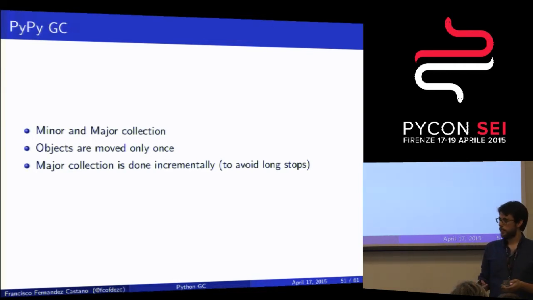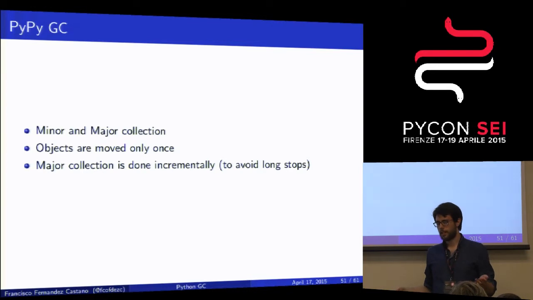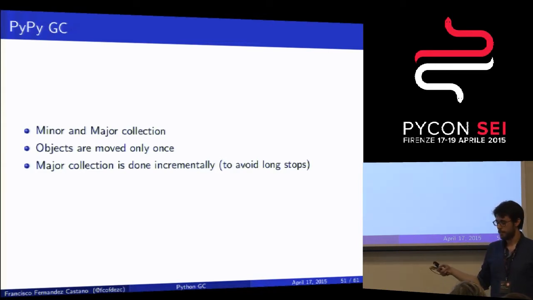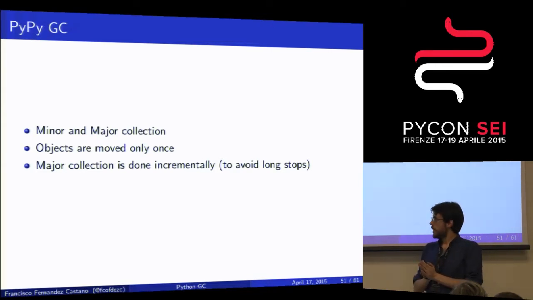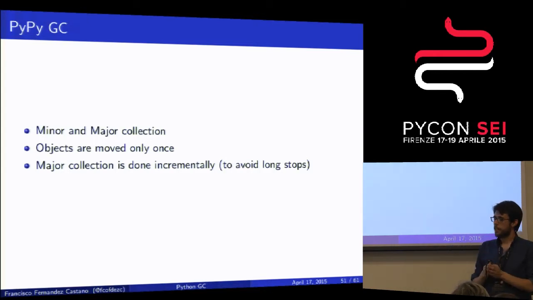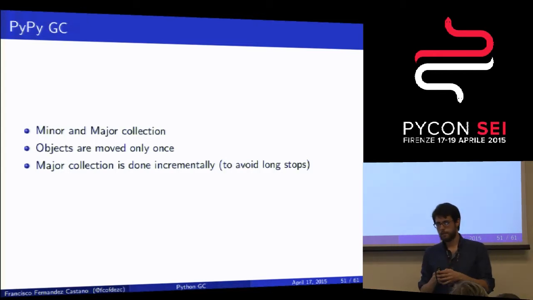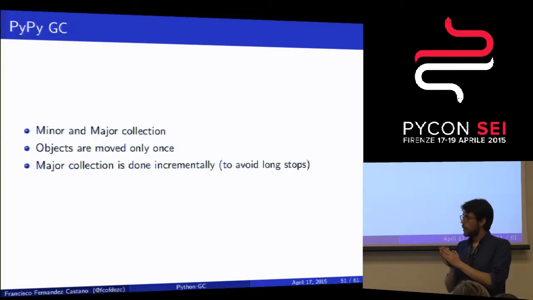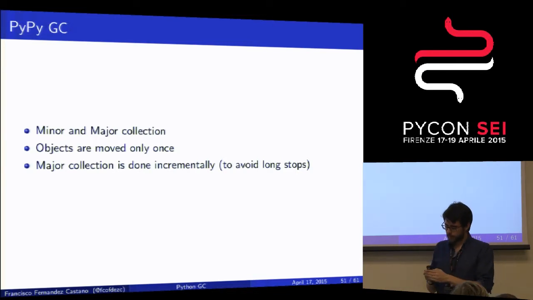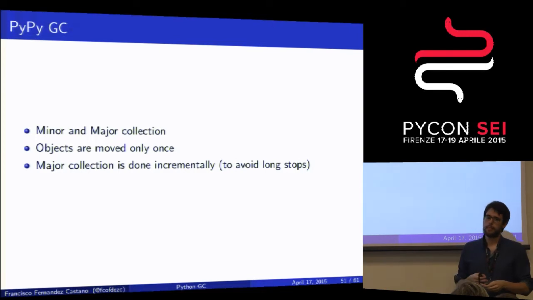A major collection is basically a mark and sweep garbage collection algorithm, where they mark objects and sweep. I'll try to explain a bit how minor collection works, because I think it's the most interesting part of the PyPy garbage collector. And as I told you before, objects tend to live short periods of time.